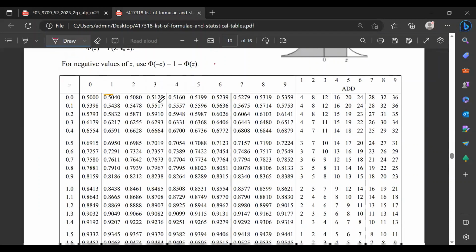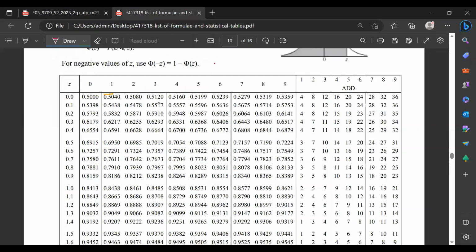0.77 is not here, but the number which is immediately less than that is 0.7673. But we need 0.77, so something should be added here so that it becomes 0.77.